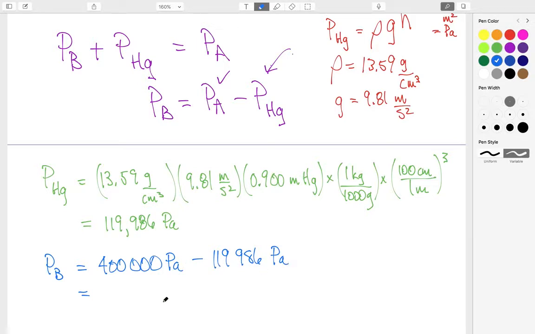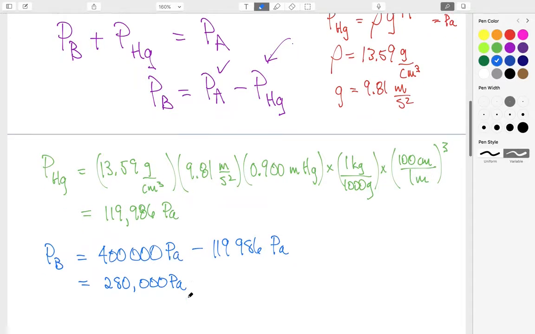So when I subtract this, I'm going to have the absolute pressure in B. And so let's take 400,000 and subtract that. And we end up with 280,000 pascals. That's just a rounded number. Now, recognize again, that's absolute pressure.